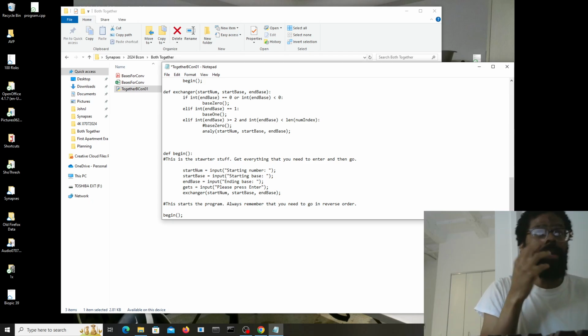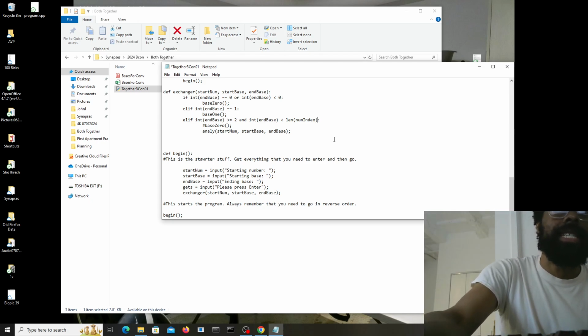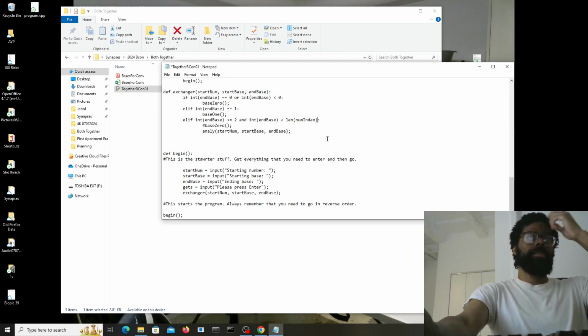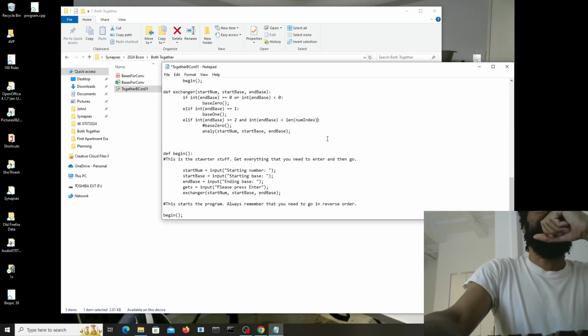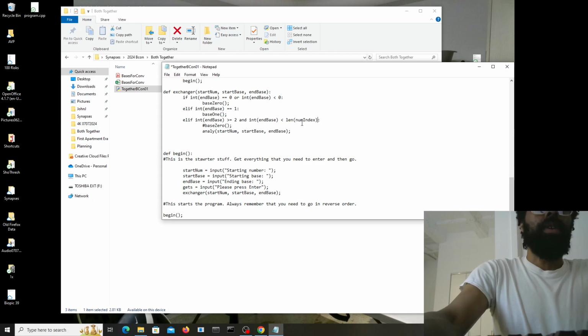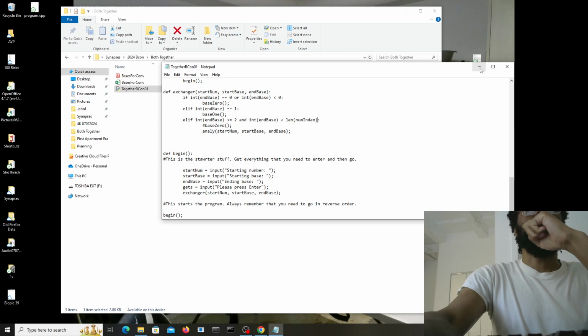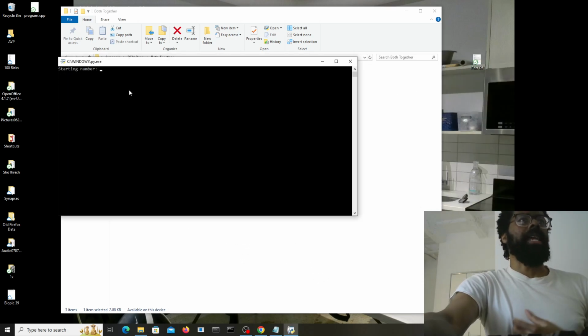Okay, so that's important because if somebody puts in like 100 as the base, then I'll be in trouble. I want it to be flexible because I don't want to have to reprogram that in every time.